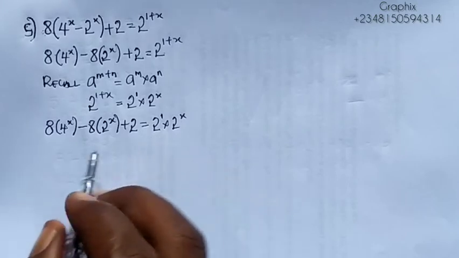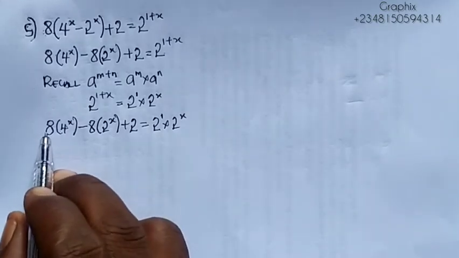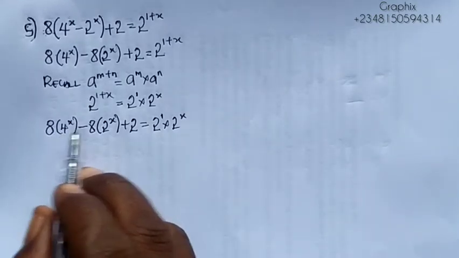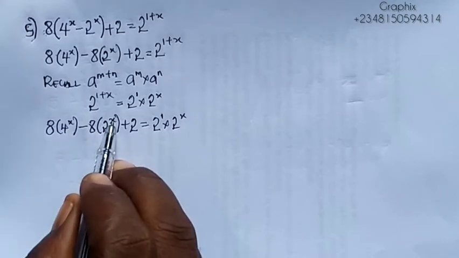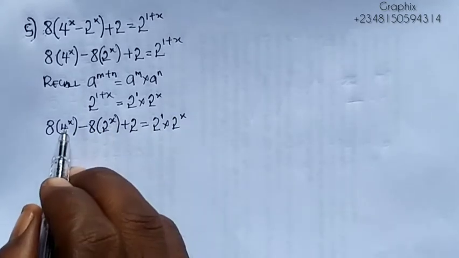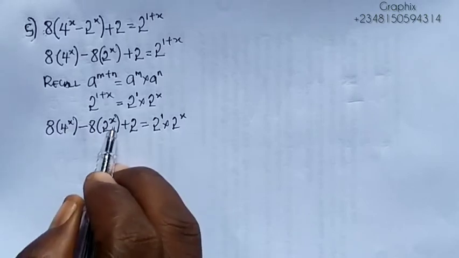So from here, if you notice everything here, especially the one in the brackets, I have 2 raised to the power x and so on. I can make this a number in base 2 to just conform with this.